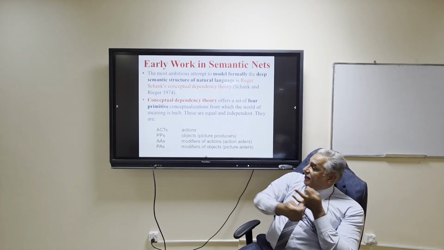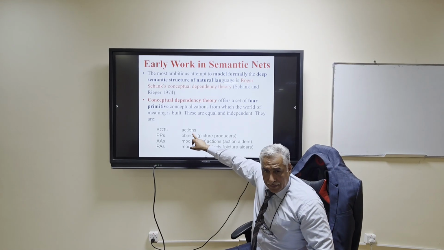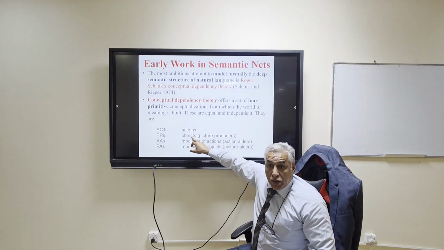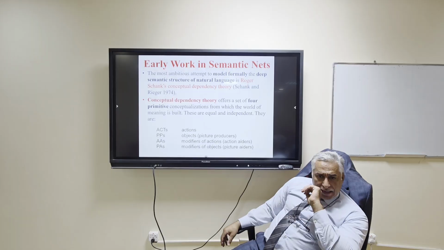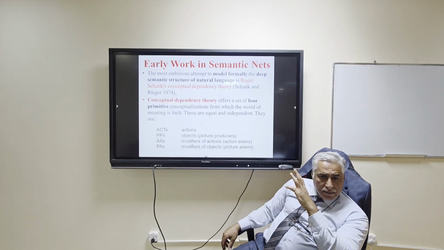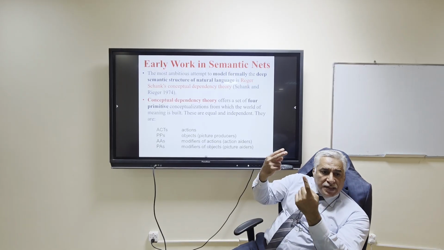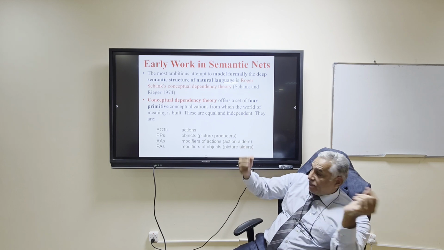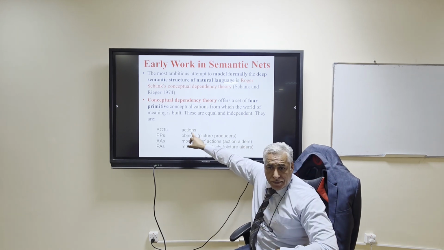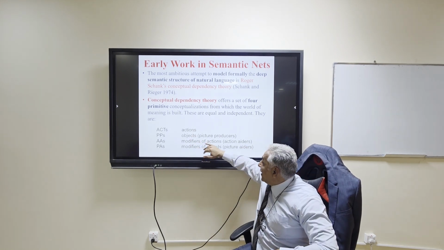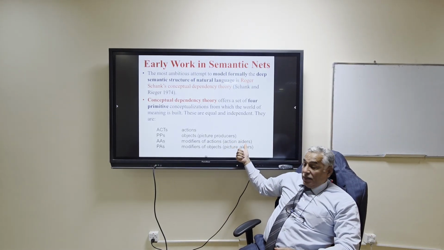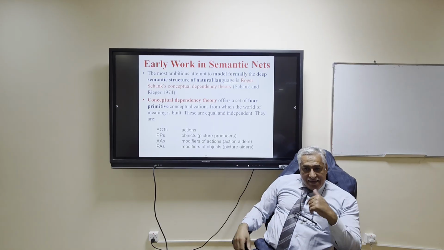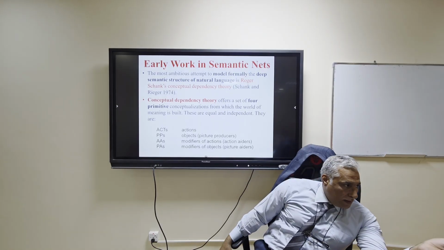Now, the eat represents the action. And two objects, for example, Ali eats sandwich. Now two objects, Ali and sandwich. The action is eats. And the modifier says which one is eating and which one is eaten, who's eating and who's eaten.